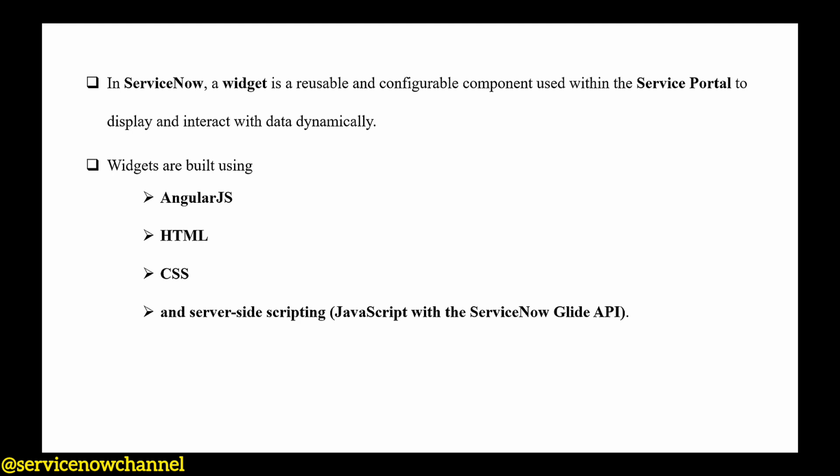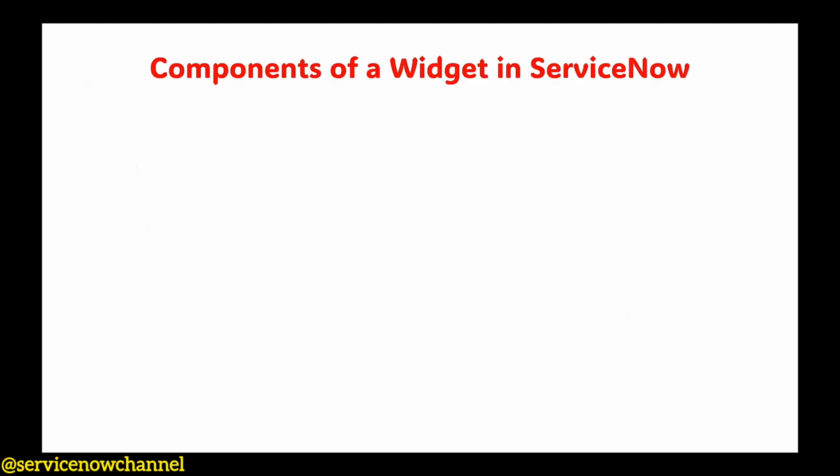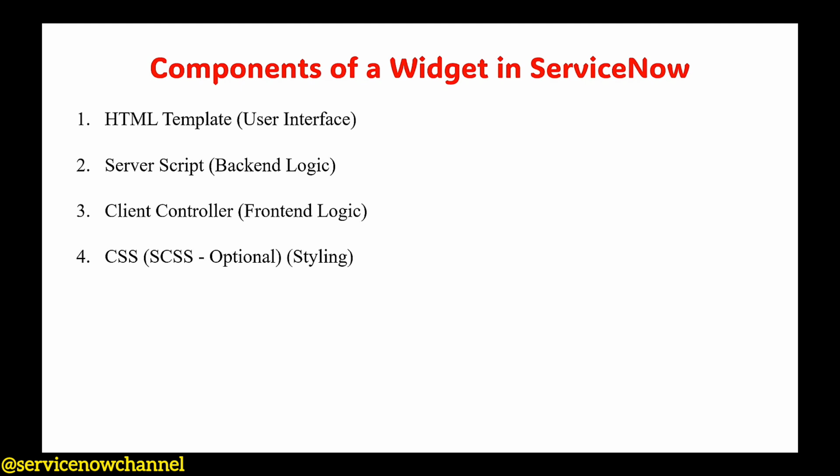Next, the components of a widget in ServiceNow. What are the components? We have the HTML template, and the server script, which is used for backend logic. We have the client controller, which is used for front-end logic, and CSS.